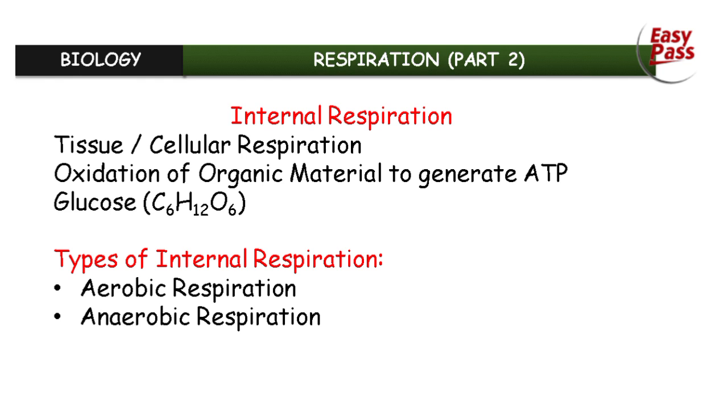In biology, we use the alphabet A to bring in the opposite of a known word in most cases. Take for instance, if I have cellular and I put an A in front of it, it becomes acellular.